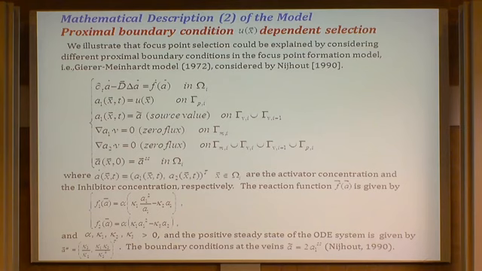And the mathematical description is this, with the proximal boundary condition here. This is the system: A1 is the activator, A2 is the inhibitor. On the veins, Vi and Vi plus or minus 1, we fix the source values of A2 there.